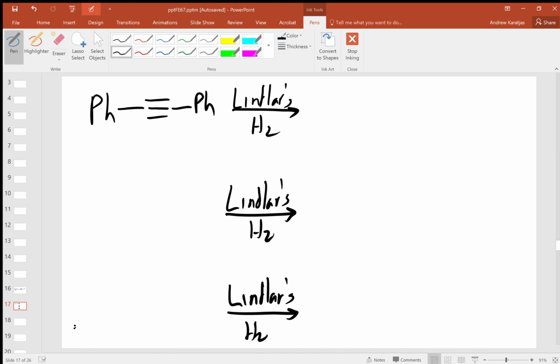And therefore, reactions that make alkenes, it's usually much, much easier to make the trans alkene. So the use of a hydrogenation with Lindlar's catalyst is actually one of the easier ways to make cis alkenes specifically.